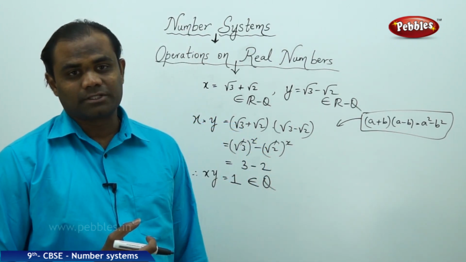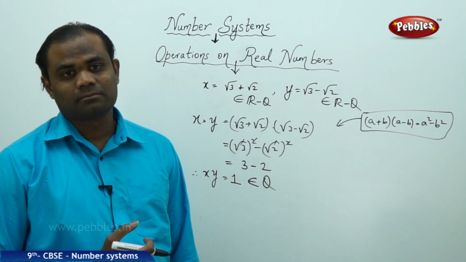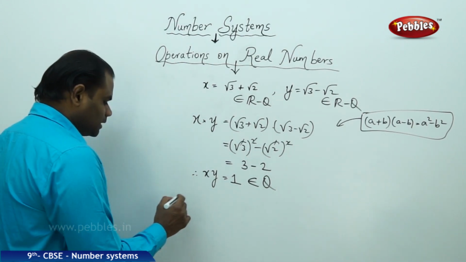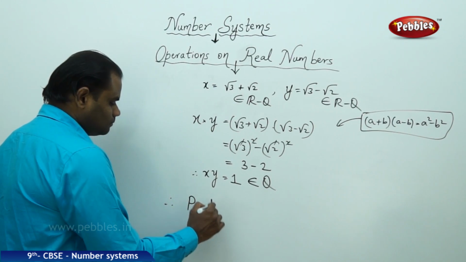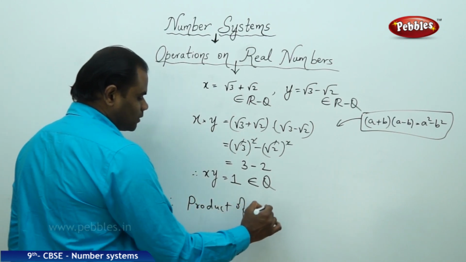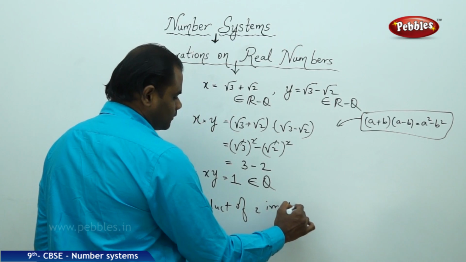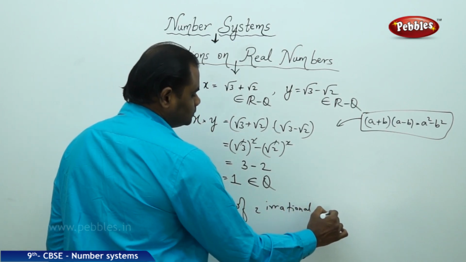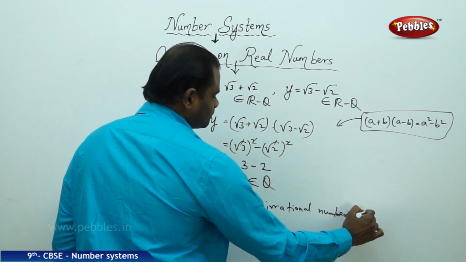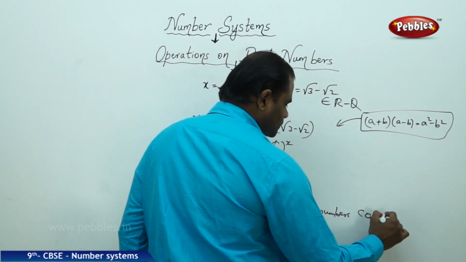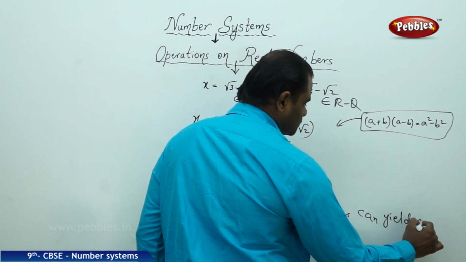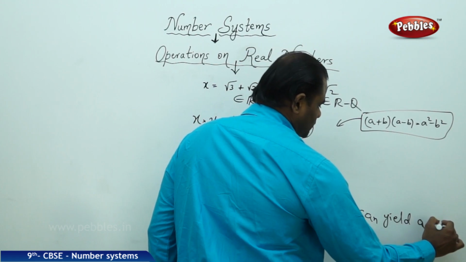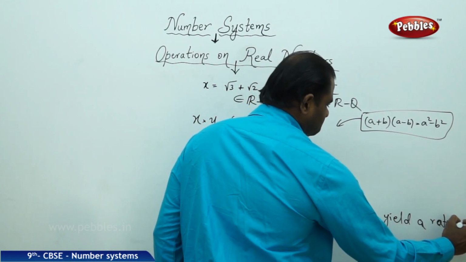Therefore, my outcome is: the product of two irrational numbers can yield a rational number.